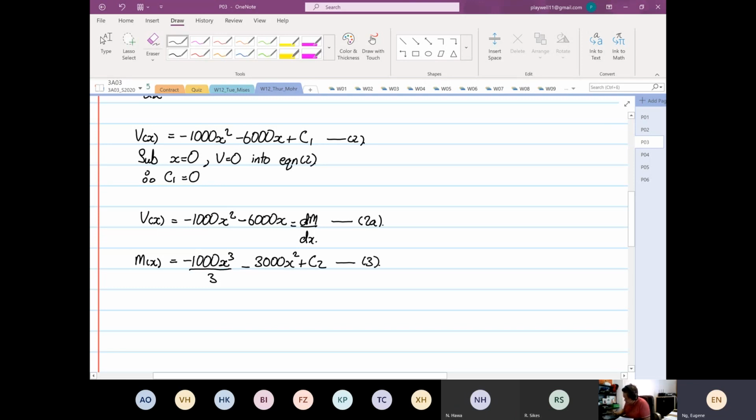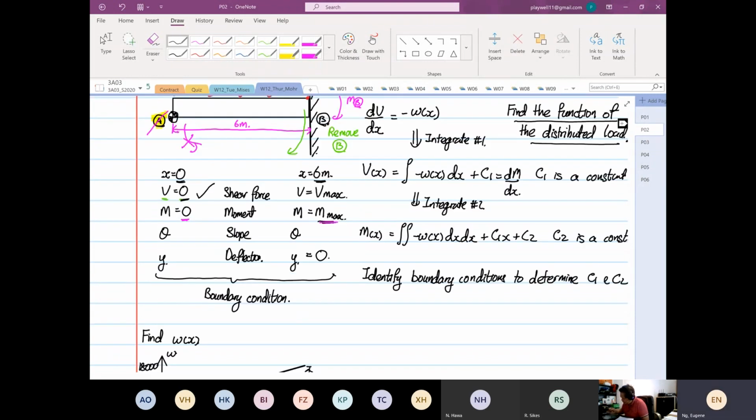Next, we're going to substitute when x is equal to 0 and your moment is also 0 into equation number 3. It is basically this boundary condition we are using now. I'm going to put a tick mark.